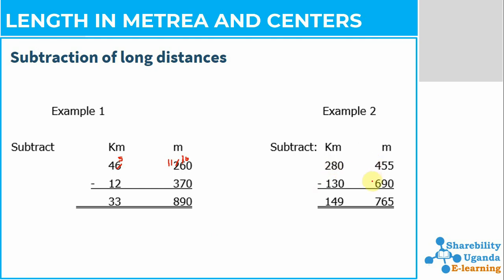Also, this is the same method. You just subtract 5 from 0, you get a 5. 5 minus 9, this is impossible. You borrow 1 from here, this remains 3. So this is now 15. Then 15 minus 9, we get a 6.